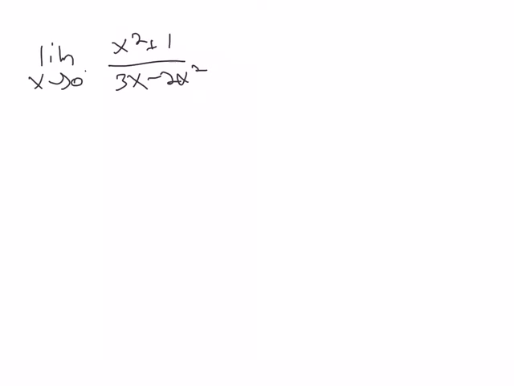So let's first see what happens when we're approaching from the left. The numerator is positive. Down here, we have something negative minus something positive, because x is negative but x squared is positive, so that term is negative.